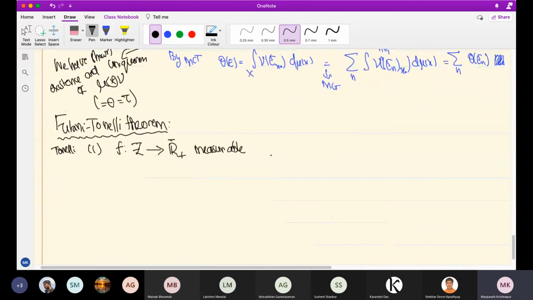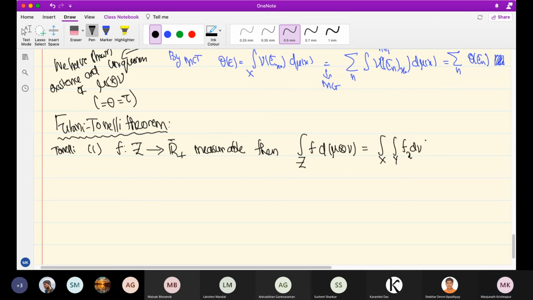Okay, so if f is non-negative measurable, then the integral over Z of f d mu tensor nu, the product measure, is actually the same as: first fix x and integrate f_x d nu, and then integrate this with respect to d mu of x.